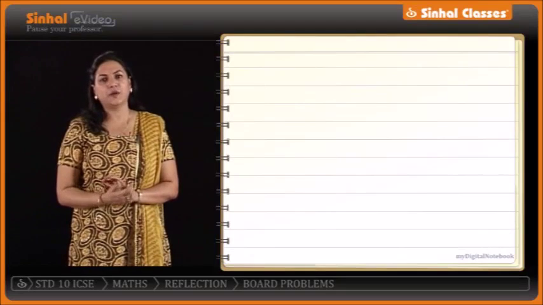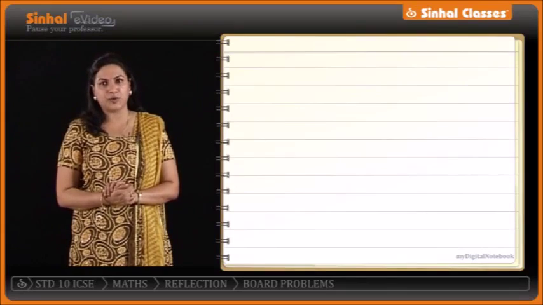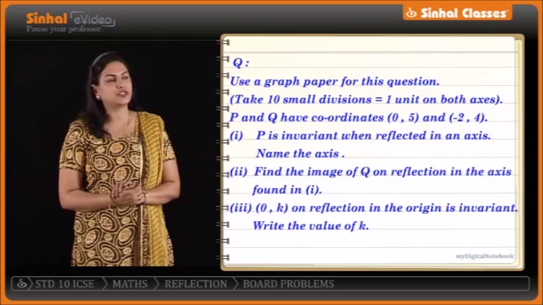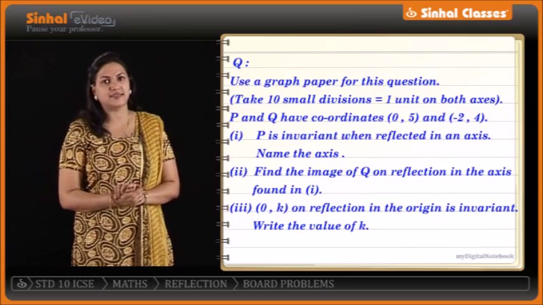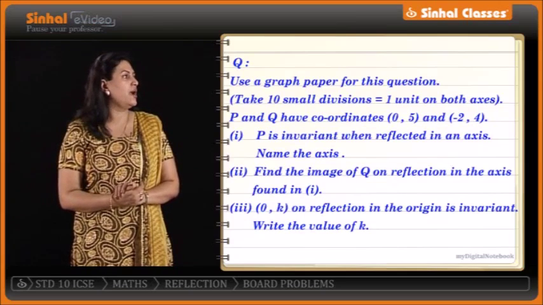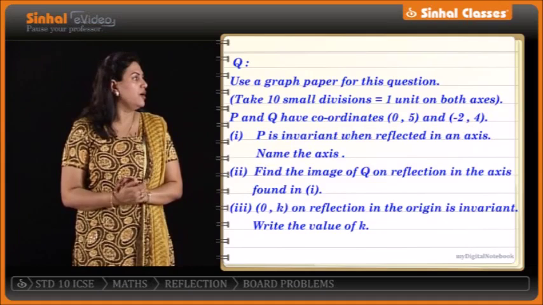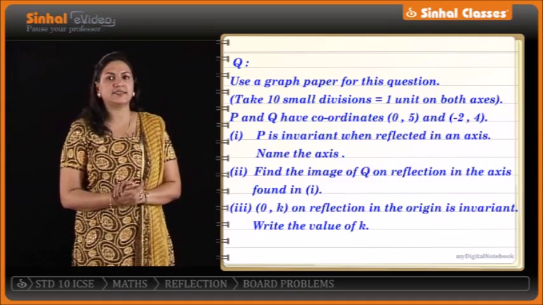Now, let's take the board problems. We start with the March 2005 board question which says, use a graph paper for this question. Take 10 small divisions equals 1 unit on both the axes. P and Q have coordinates 0, 5 and -2, 4. P is invariant when reflected in an axis.